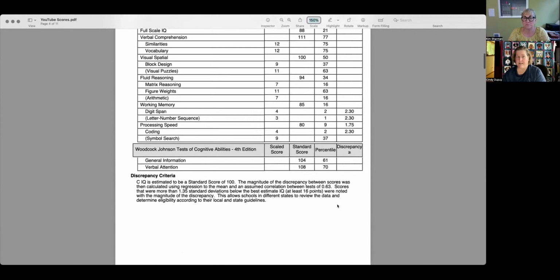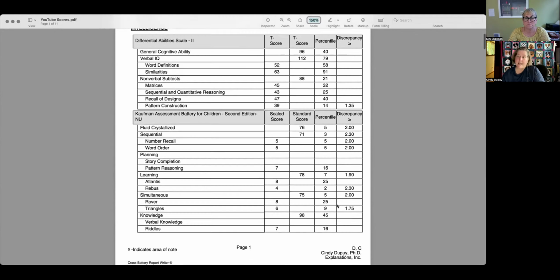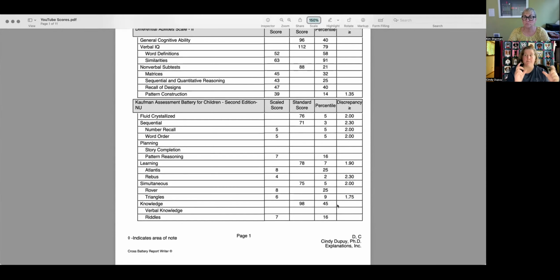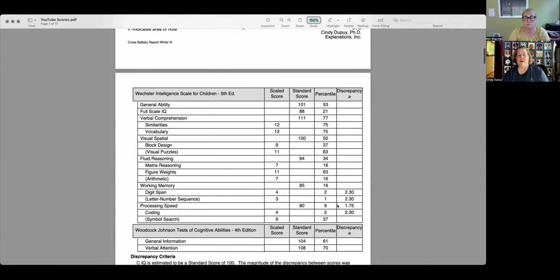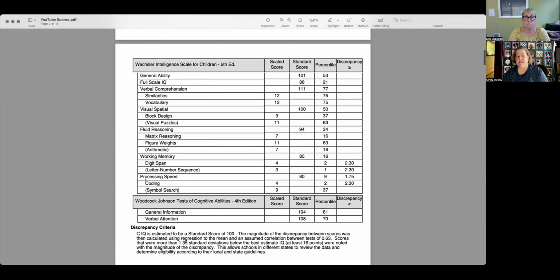Now, interestingly, some tests that we use for intelligence can be looked at in more than one way. So for example, on the WISC, the coding and symbol search actually tell you it's a processing speed measure.